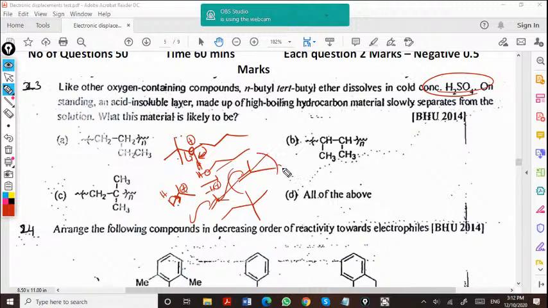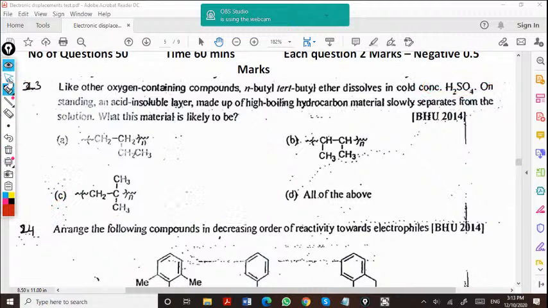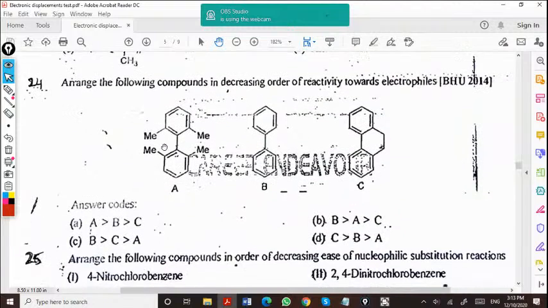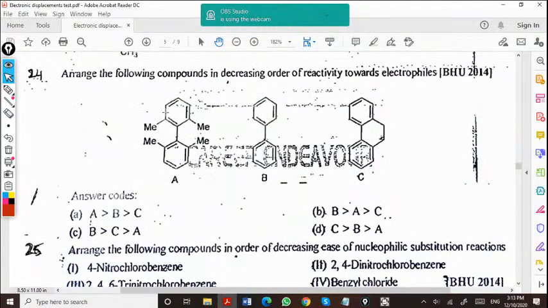So overall, it will be the polymer of this compound. That is option C, CH2, C, CH3, CH3. So polymerization will result in the tertiary butyl polymer. This is one of the logic based questions on olefin formation from ethers.